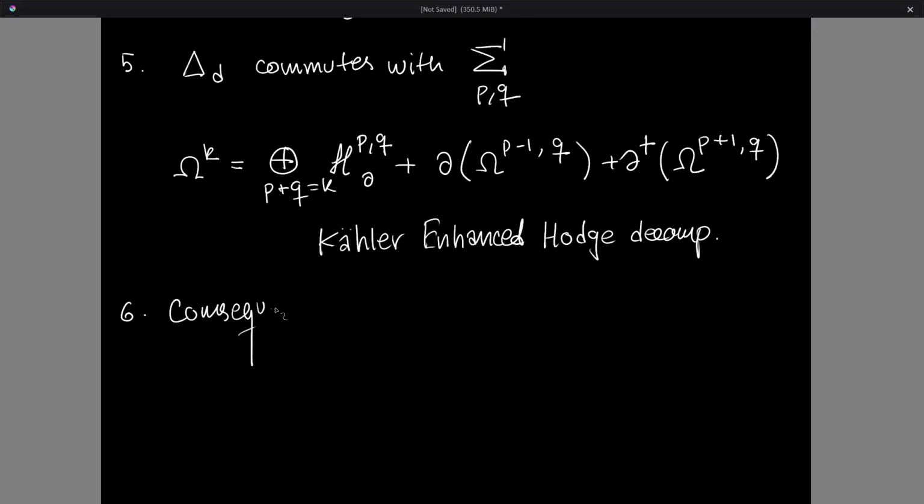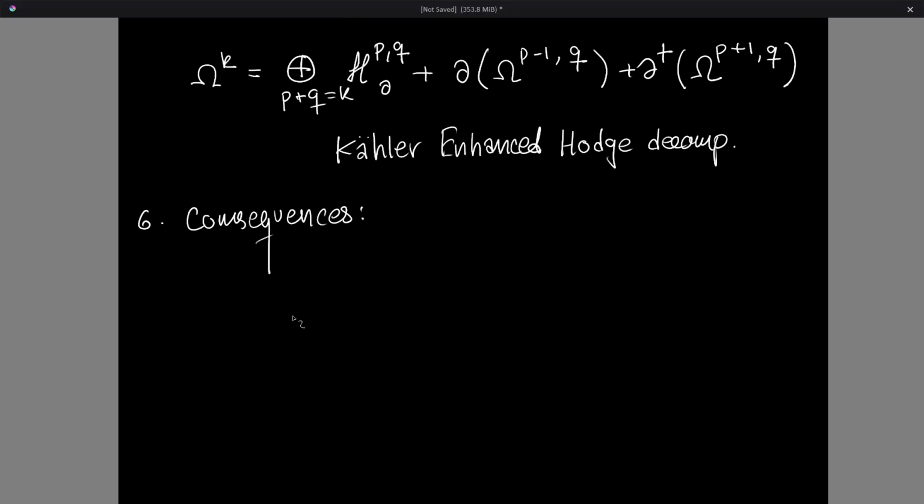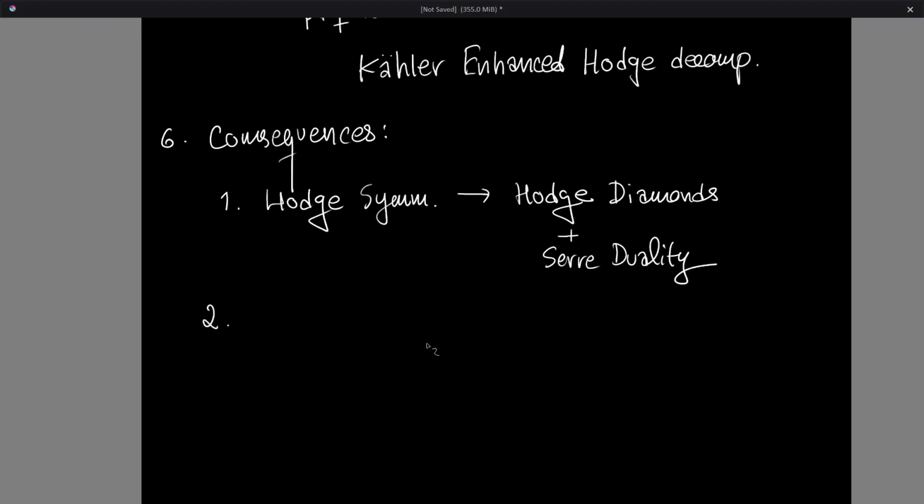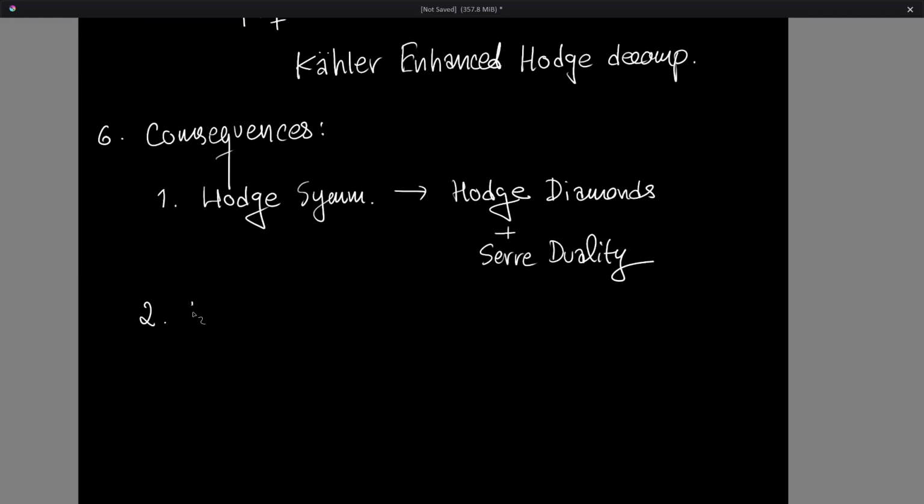And lastly, we looked at some consequences. What were the consequences we looked at? First, we looked at Hodge symmetry, and then we visualized that using Hodge diamonds, Hodge diamonds plus Serre duality. Then number 2, we looked at the odd Betti numbers.